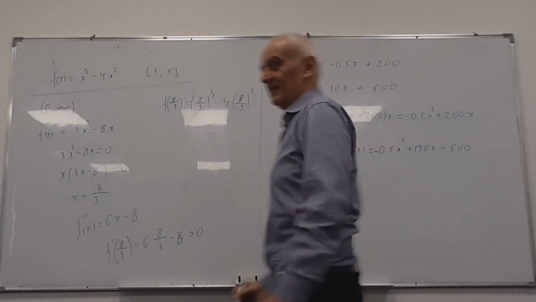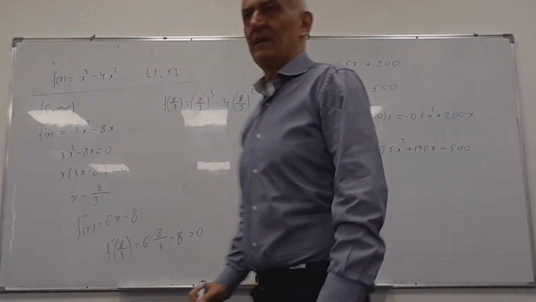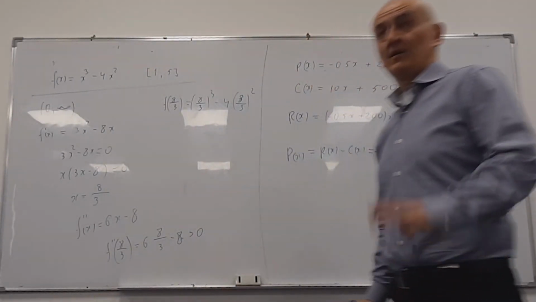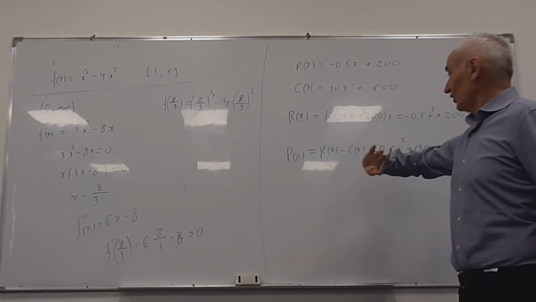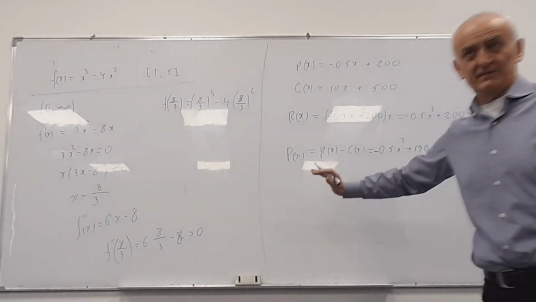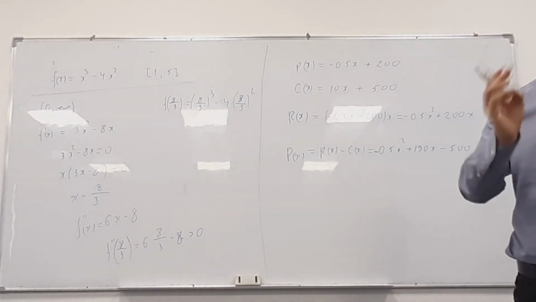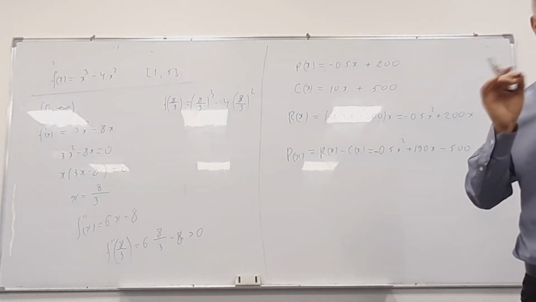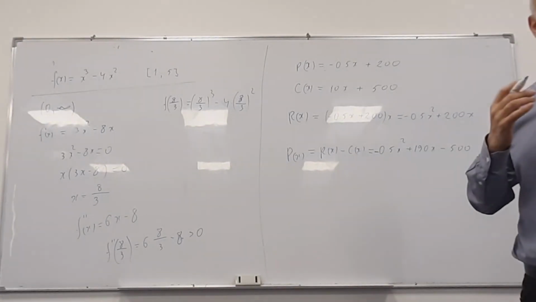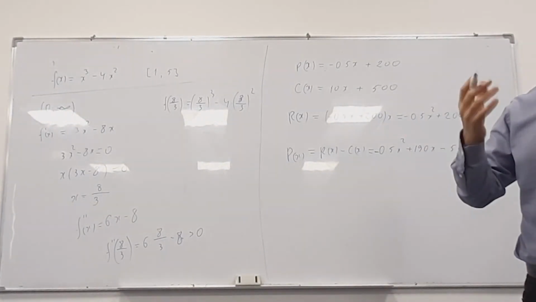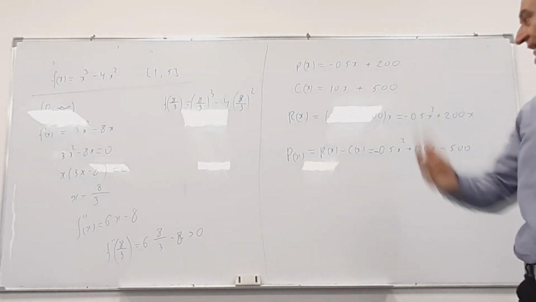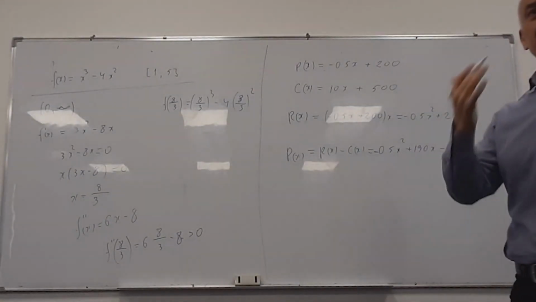So we don't need to find x, the number of items. Okay, so we have now profit function, but now we need to find x. This is number of items when we have maximum profit. And for that, what can we do?